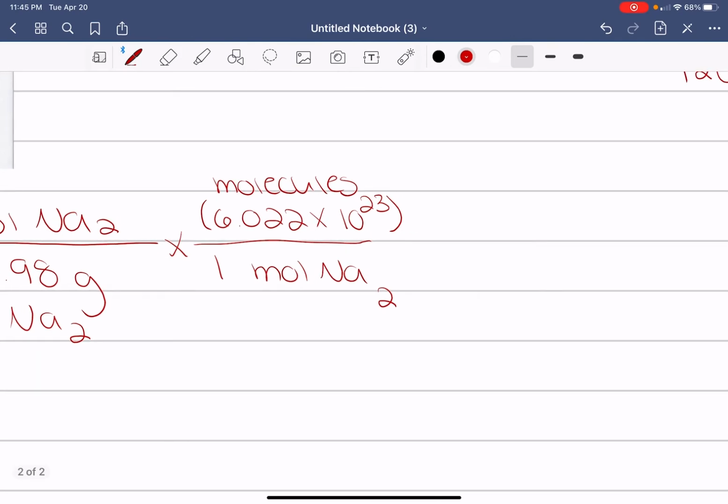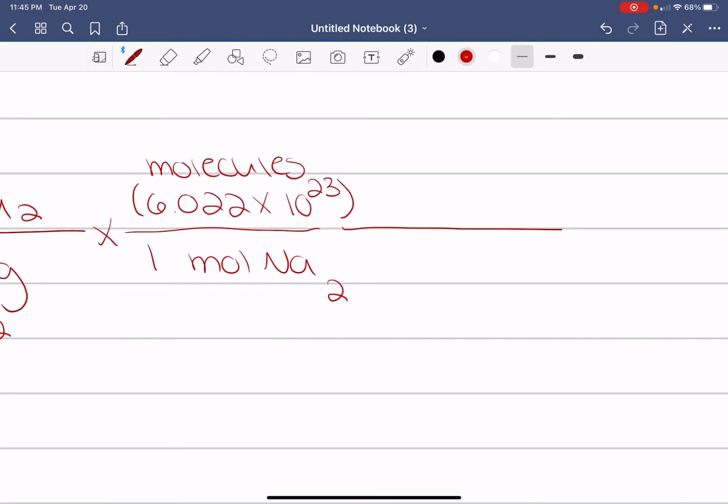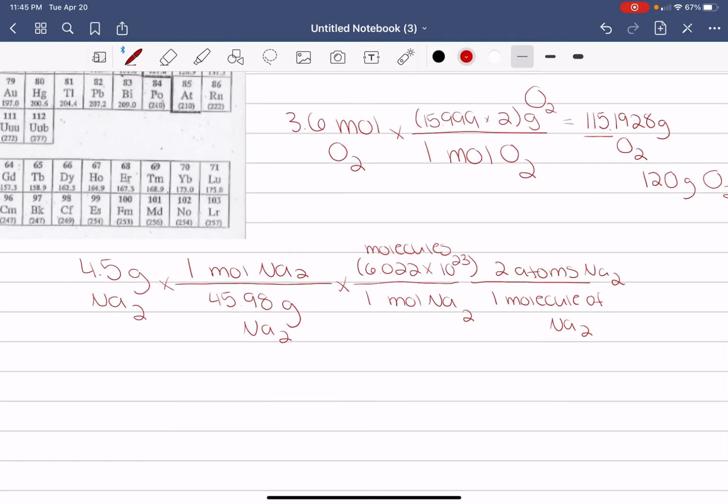Now with our next step, if you want to go to atoms, there are 1 molecule of Na2, and it equals 2 atoms of Na2.